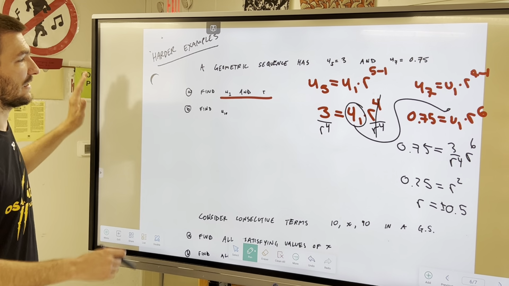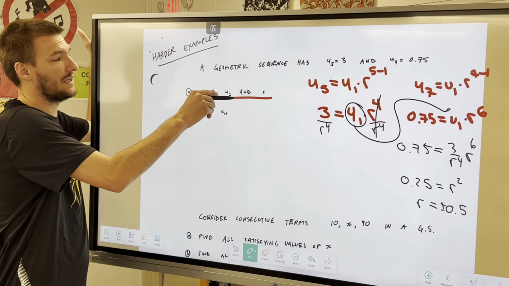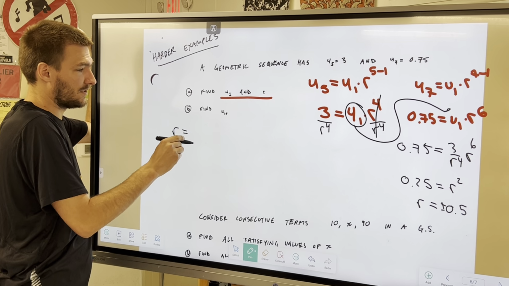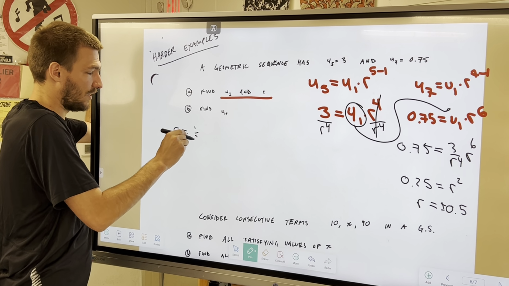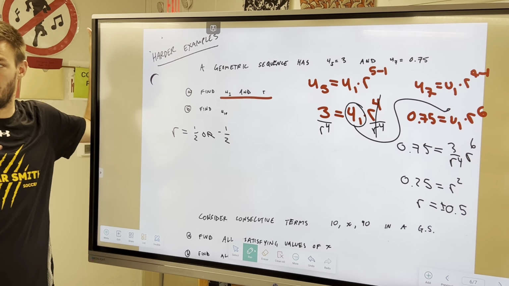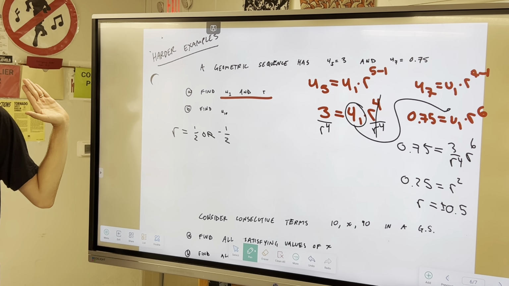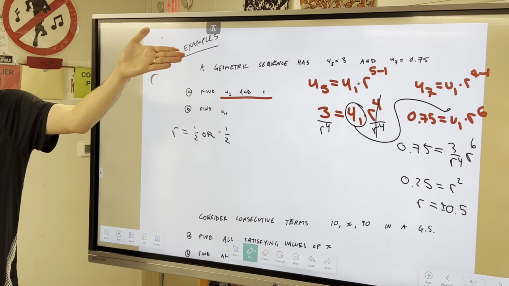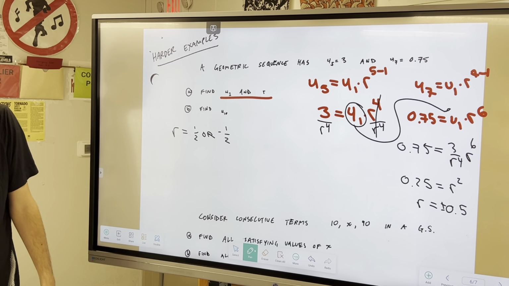So now, when it asks us to find U1, R is equal to truly 1/2 or negative 1/2. There's 2 totally valid sequences here, and we kind of have like a branching multiverse going on.